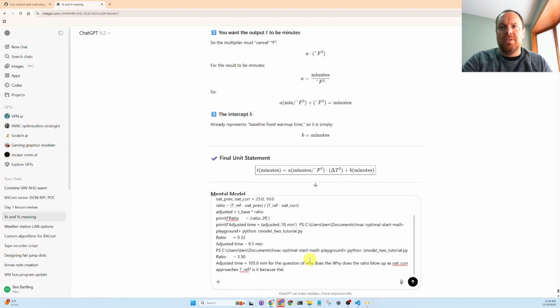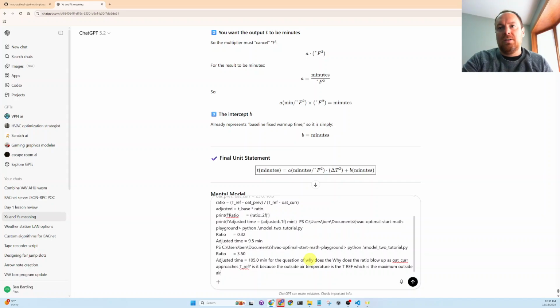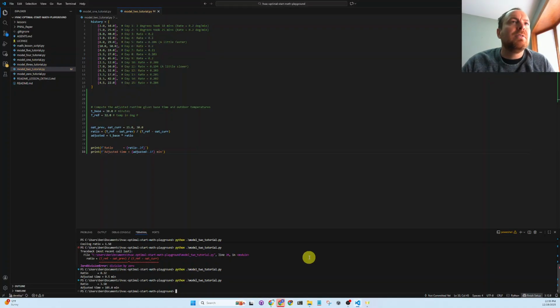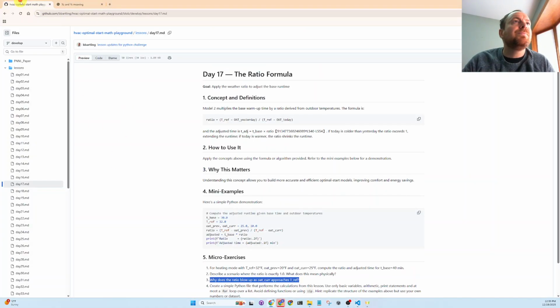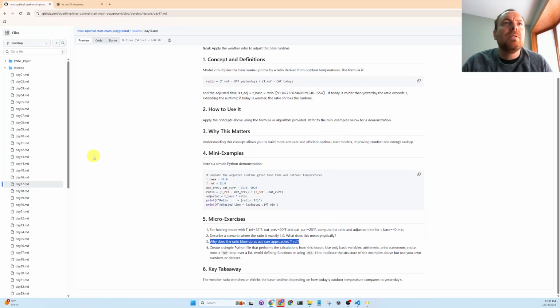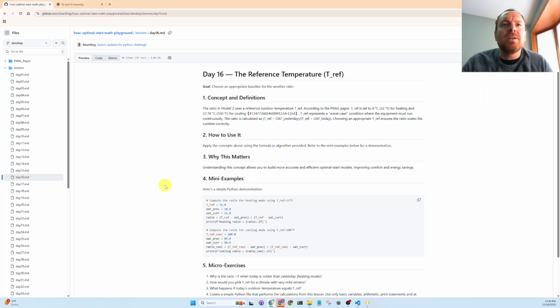Why does the ratio blow up as the outside air current approaches? Is it because the outside air temperature is the Tref, which is the maximum outside air temp parameters, i.e. the 100 degrees C, or what were those numbers? I think they were our maximum values.